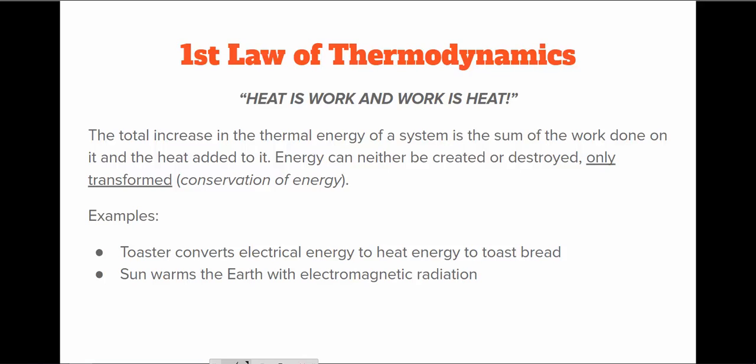It says the total increase in the thermal energy of a system is the sum of all the work done on it and the heat added to it. So if you're trying to figure out the thermal energy change, it's simply going to be whatever work you did on it plus any heat you added to it. So really it's just saying that energy can't be created or destroyed.